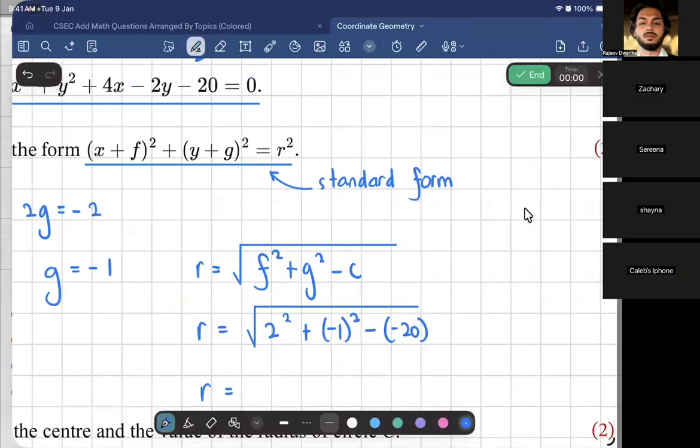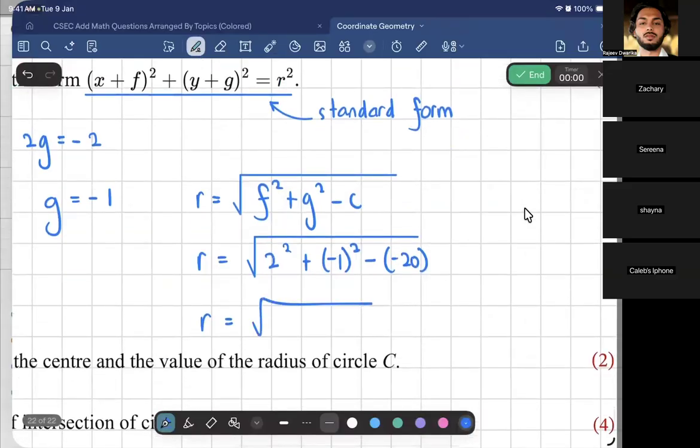What's next? 2 squared is 4, minus 1. Where's minus 1 squared?